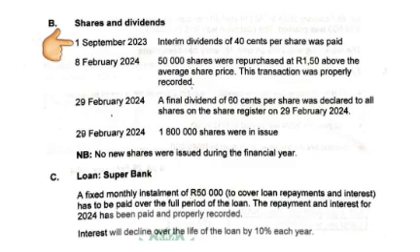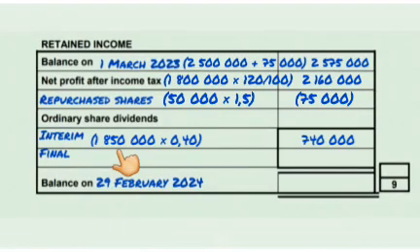So that means those shares on that date, the 1st of September 2023, were still with our shareholders. So we have to pay a dividend on them. That means we have to add back those 50,000 to the number of shares that were still in issue at that time, and then we calculate the 40 cents on that amount.